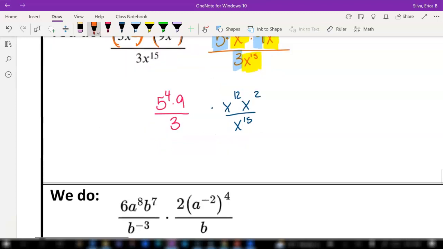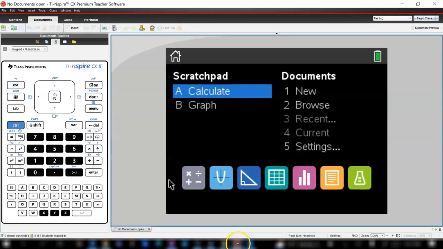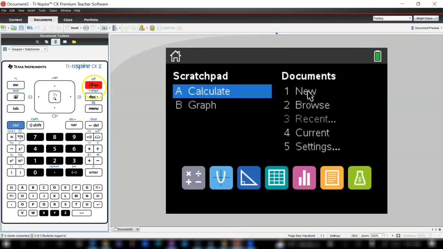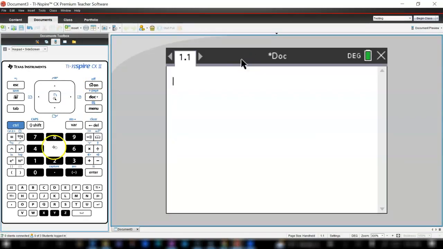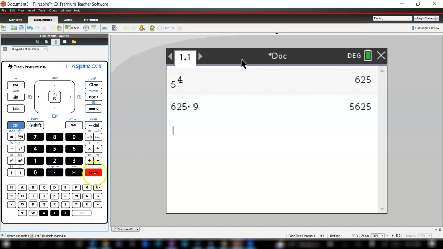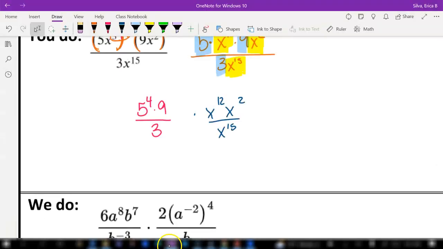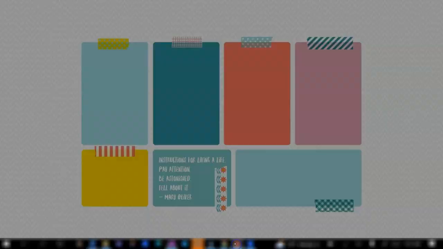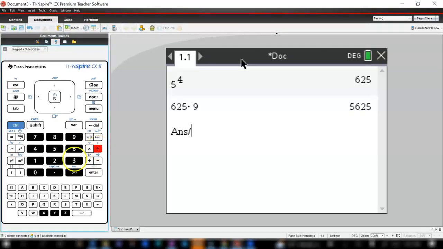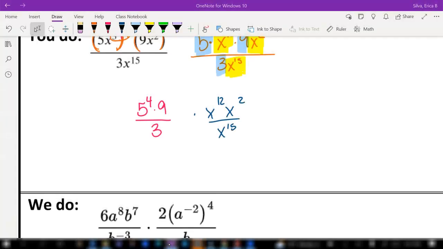Okay, we're going to do 5 to the 4th power, times 9, divide by 3, and get 1,875. And then we're going to apply our product rule here where we're going to add them.